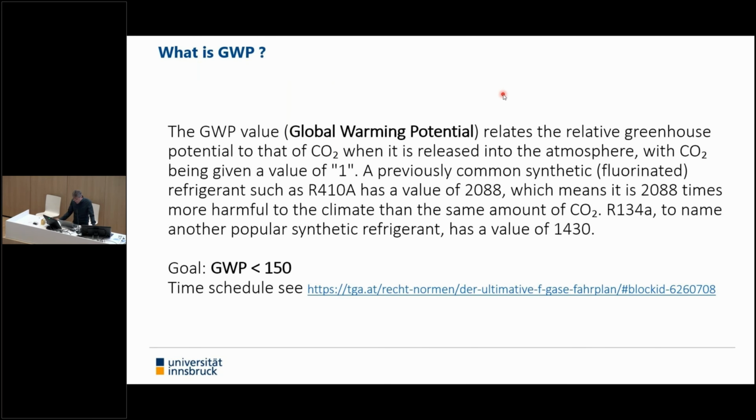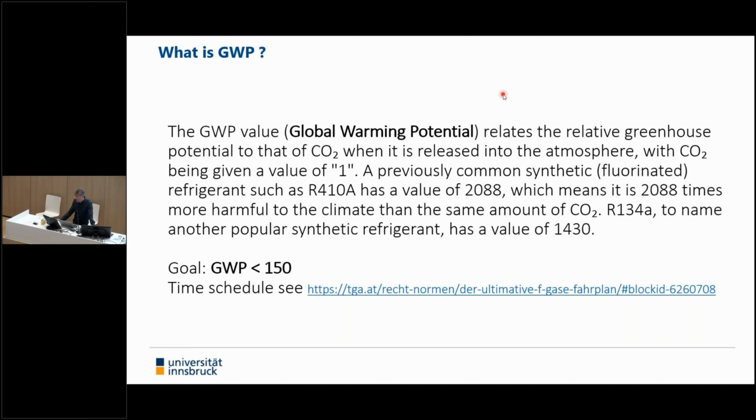Just some numbers, what the GWP of CO2 is, we already learned, it's 1. So the warming potential of emitting CO2 is rated to 1, and other gases like fluorinated refrigerants such as R410A has a value of 2088. So 2088 times the harmfulness of CO2 by this type of gases.